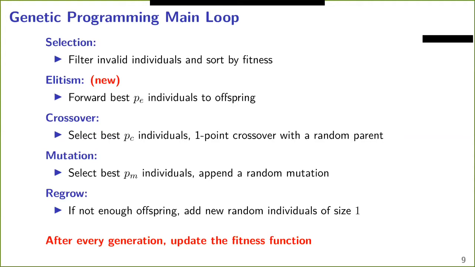For crossover, we will select the best 50% or 45% of the individuals, then select one single random valid parent, apply 1 point crossover on the sequence of edits, and generate a single offspring, so that we have the same percentage of parents and offspring generated by crossover. Similarly, for mutation, we select the best, again, PM individuals, and for each of them, append a new random mutation at the end of the edit sequence. Finally, if there are not enough offspring, so for example, if there are invalid individuals during selection, then we just regrow a new individual of size 1 until the population is filled.